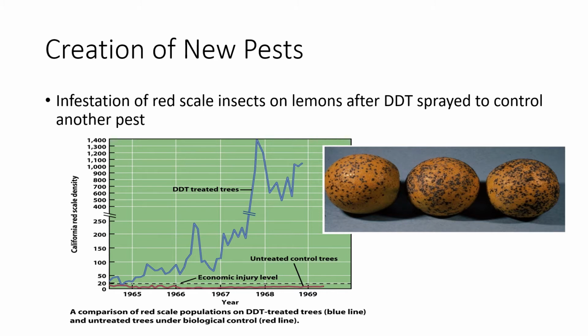On, I think they're lemon trees here, and you know, we never had this before, but you have these trees that have been treated, and you have this emergence of this red scale on these lemons. So we got rid of one pest, but we brought in another one.